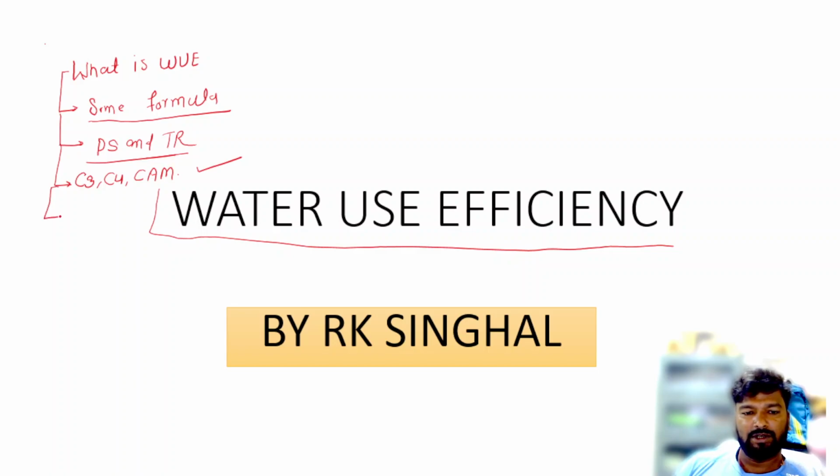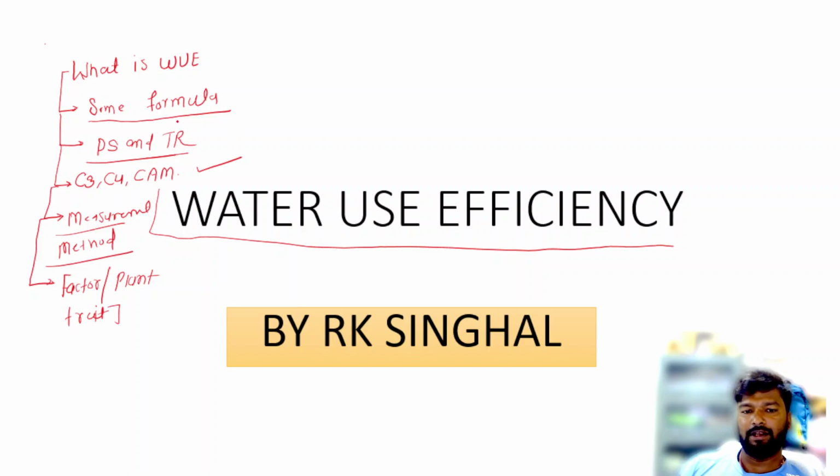Then we will also discuss the measurement or methods to measure the water use efficiency. Then we will also discuss the factors or plant traits which affect the water use efficiency.